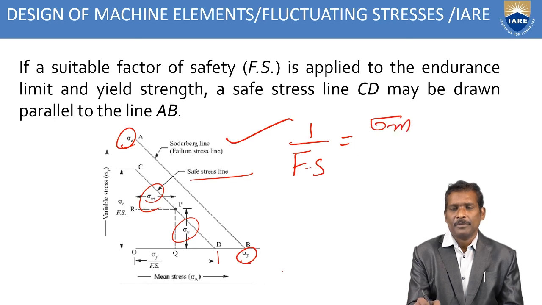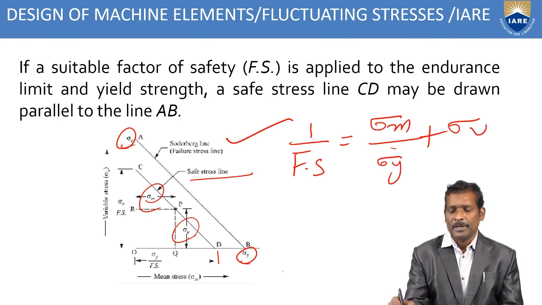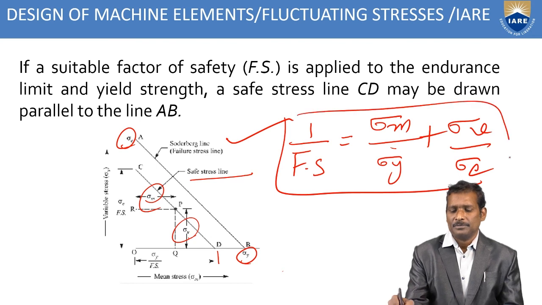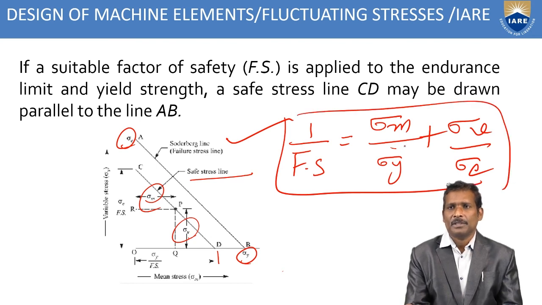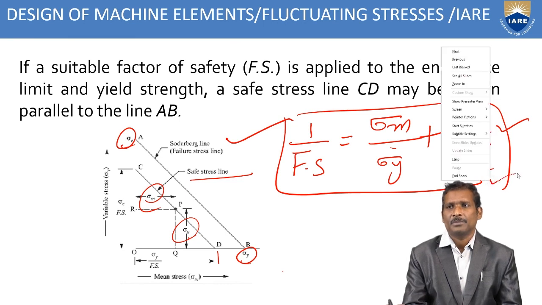Write down 1 by factor of safety is equal to sigma m by sigma y plus sigma v by sigma e. Here sigma m is the mean stress, sigma y is the yield stress value, sigma v is the variable stress, and sigma e is the endurance limit value.